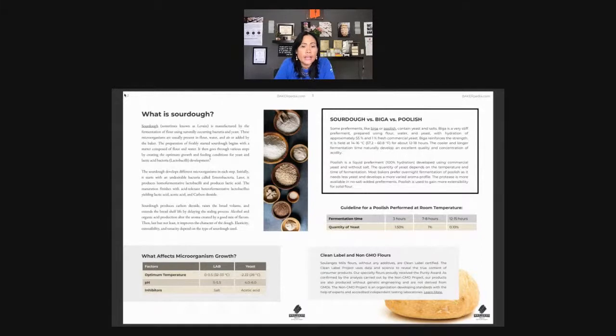Sourdough is a natural levain, which is also a natural sponge that is usually fermented for a long period of time, sometimes between 8 to 20 hours, I say. It really depends on what kind of sour you're looking for.